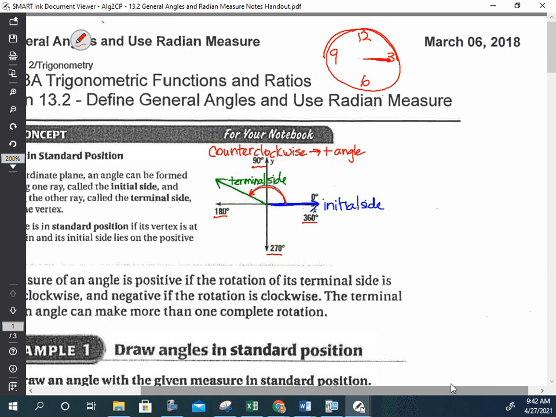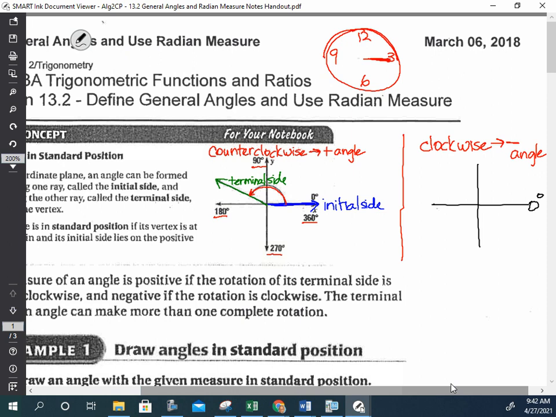So the opposite is clockwise. Those are for negative angles. Clockwise is negative angles. So if you start at 0 degrees, you always start at 0 degrees.